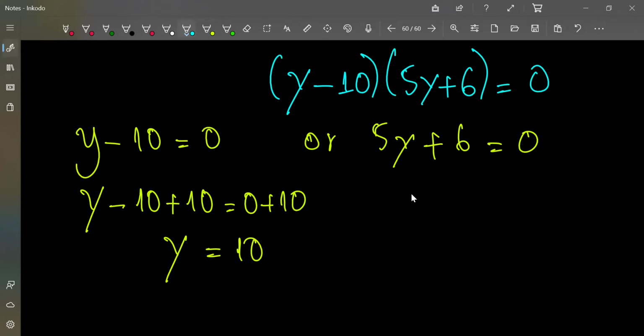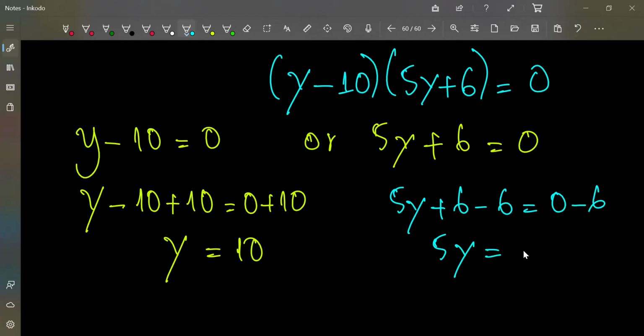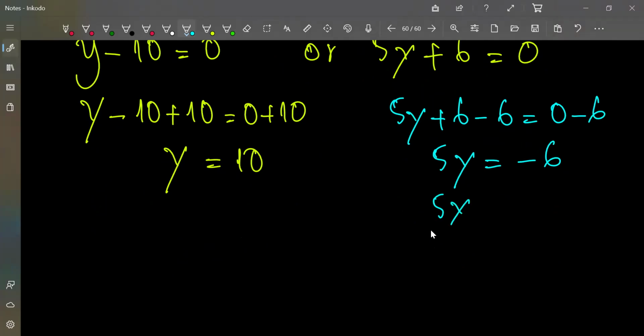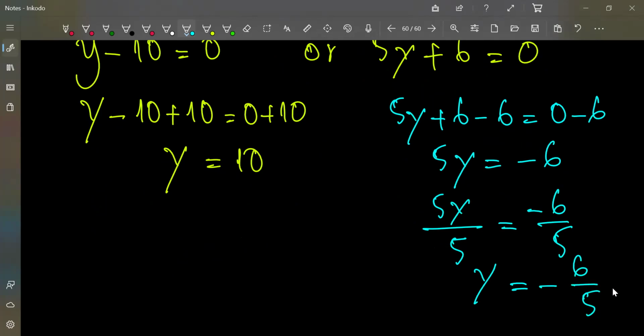For this equation, we can add negative 6 to both sides. It equals 0 minus 6. So 5y is equal to negative 6. Then we also divide both sides by the coefficient of y. So we get 5y over 5 equals negative 6 over 5. So y is equal to negative 6 over 5.